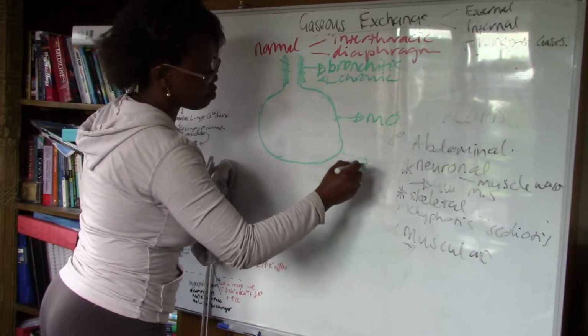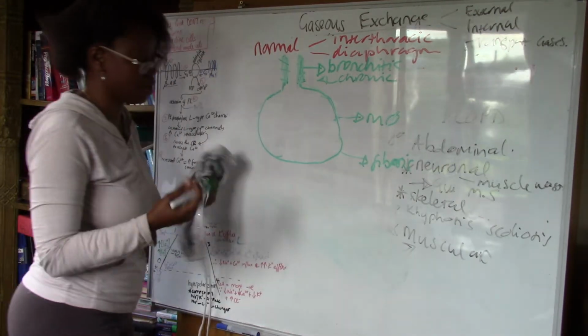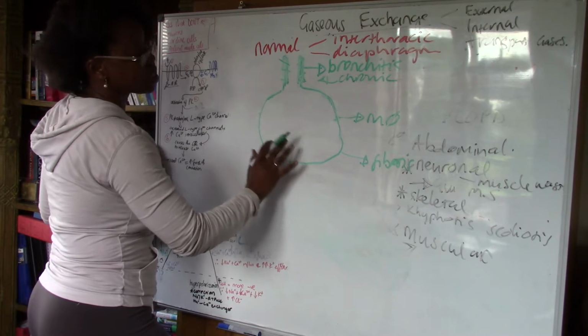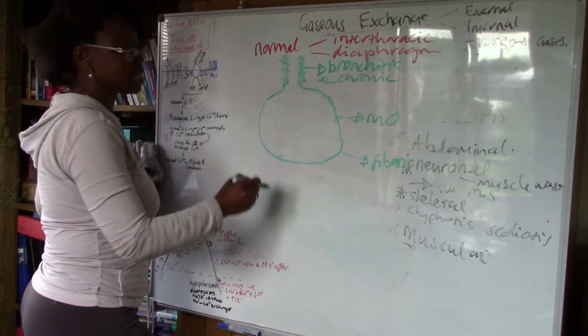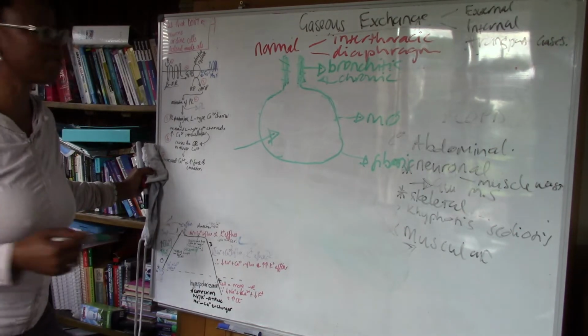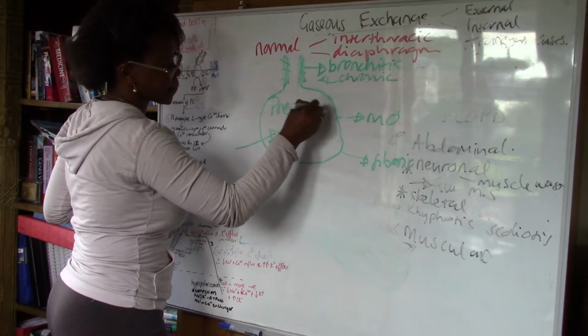We'll also have fibrosis as inflammation continues and becomes chronic. But the increase in diameter of that alveolar means that gaseous exchange is poor, because gaseous exchange is based on pressures.